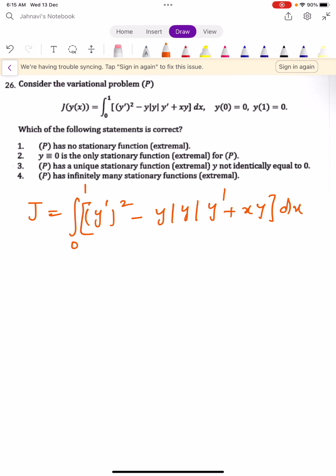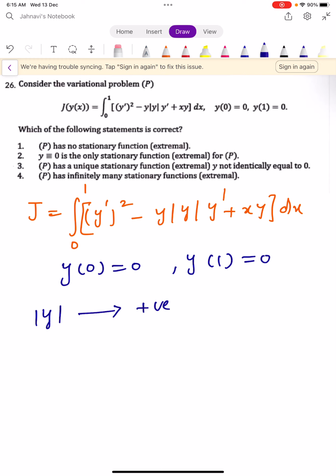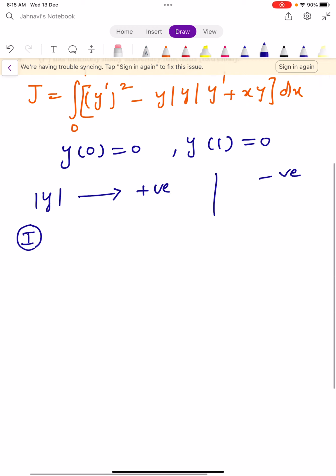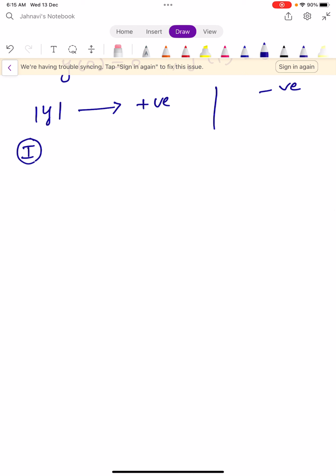And again there are two boundary conditions: one is y of 0 is equal to 0 and the second one is y of 1 is also equal to 0. So right here, depending upon mod y, we treat it as positive and we treat it as negative. So we solve the problem in two cases. Case 1: we treat mod y as positive.